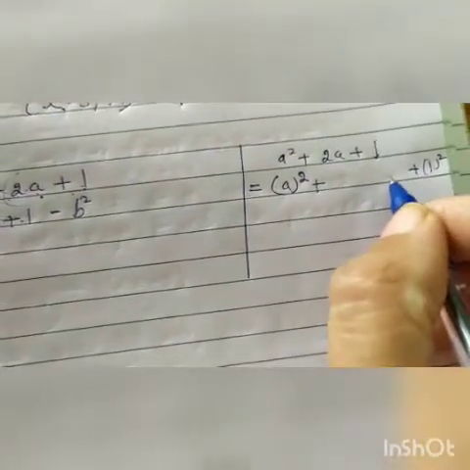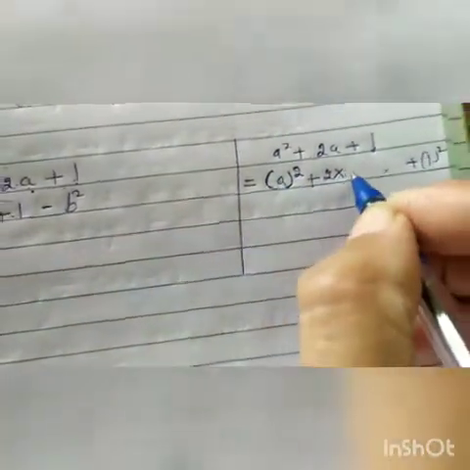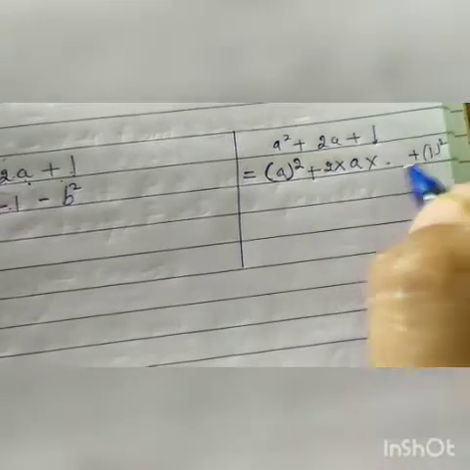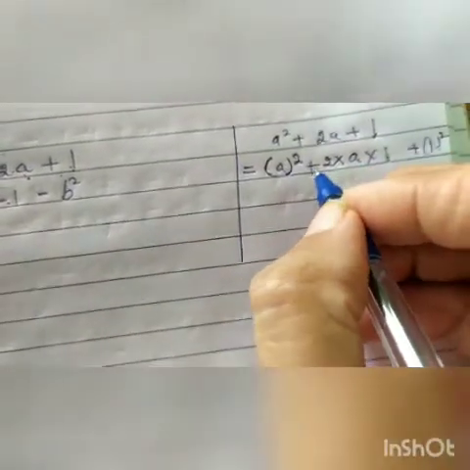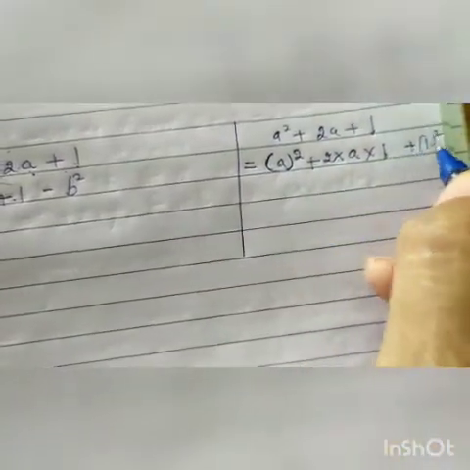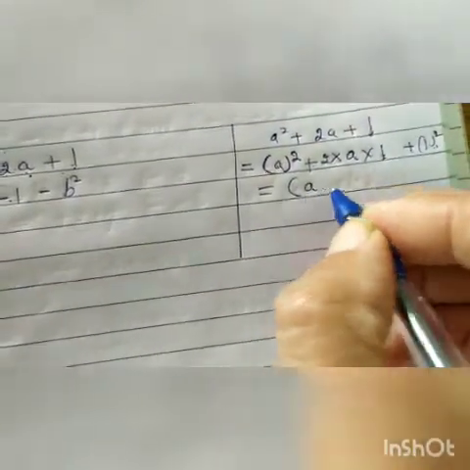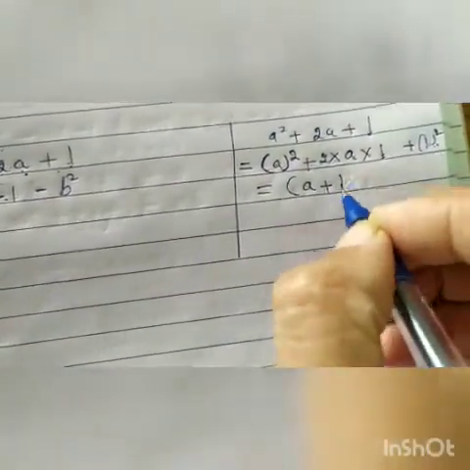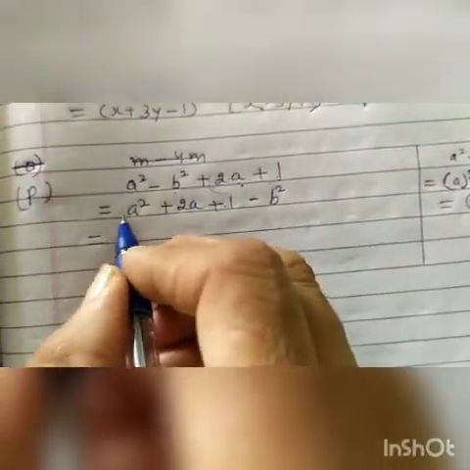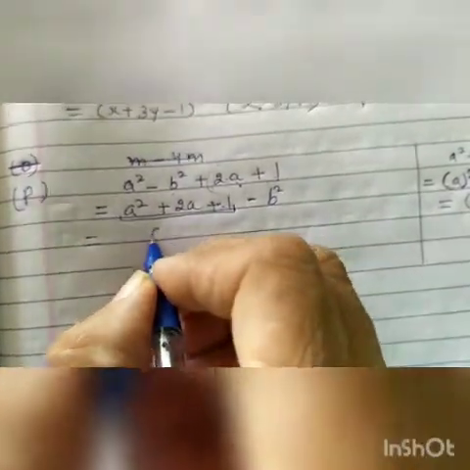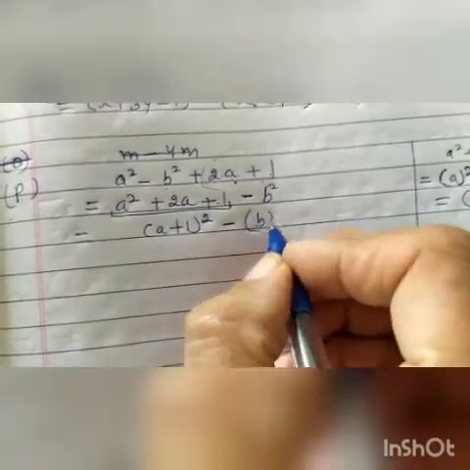Here 2ab means 2 multiply a multiply 1. So it is equal to (a plus b) whole square, where a is a and b is 1. It is (a plus 1) whole square. It means we can write these three terms as (a plus 1) whole square, this minus, and then b whole square.